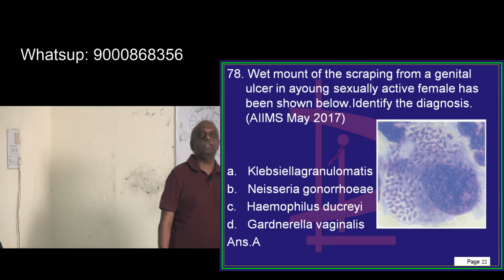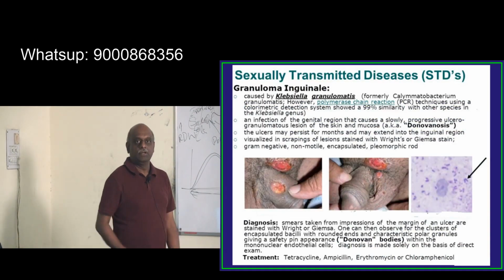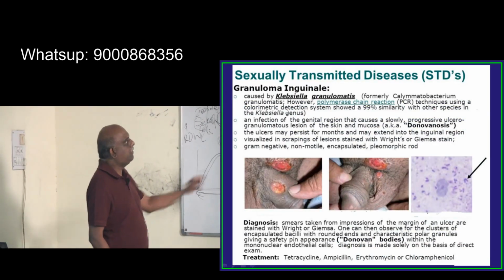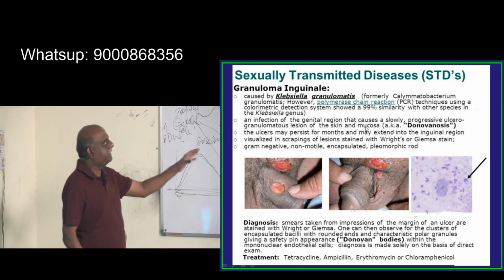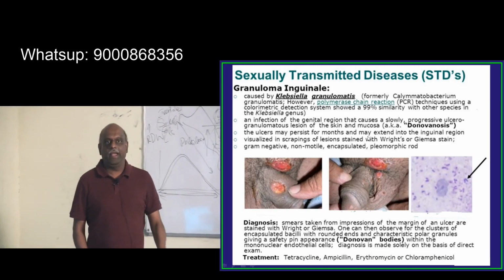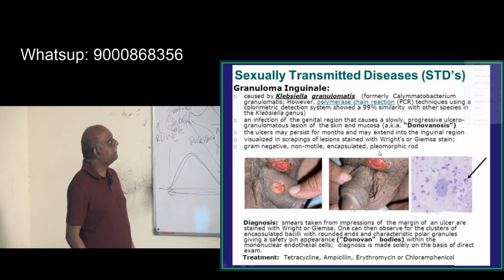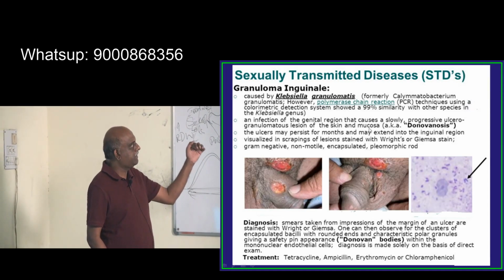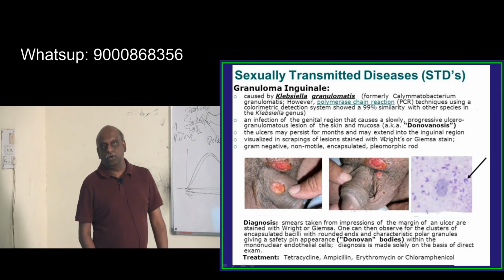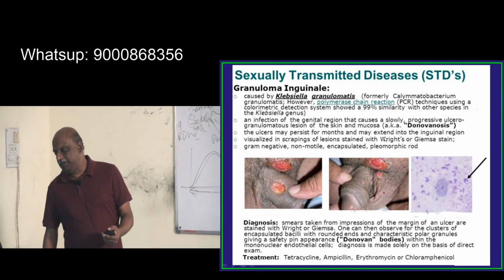So it is Klebsiella granulomatis which is responsible for granuloma inguinale, and it is the one which leads to a granulomatous lesion of the skin and the genitalia. Donovanosis is the one which you need to basically remember.